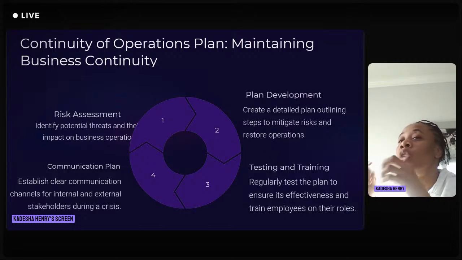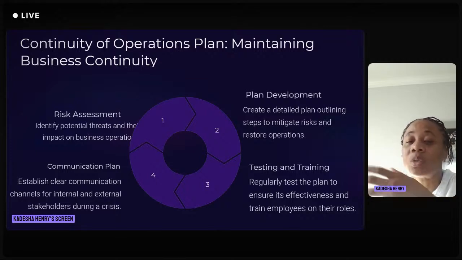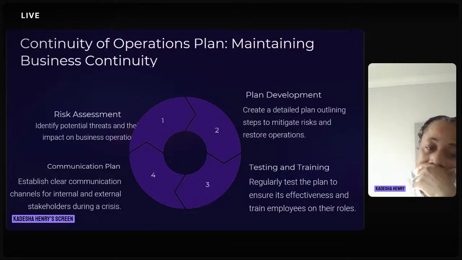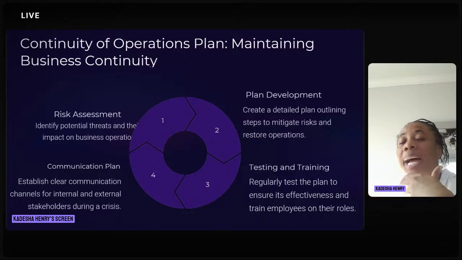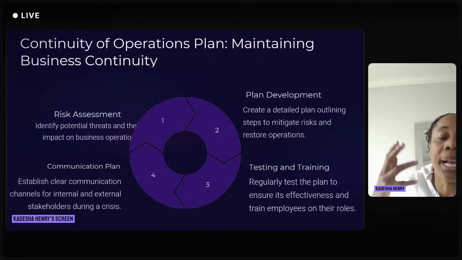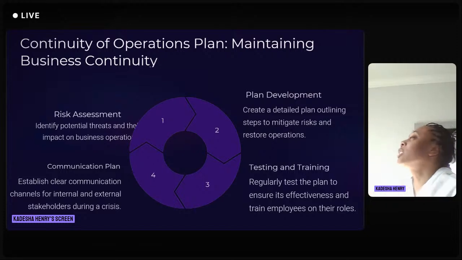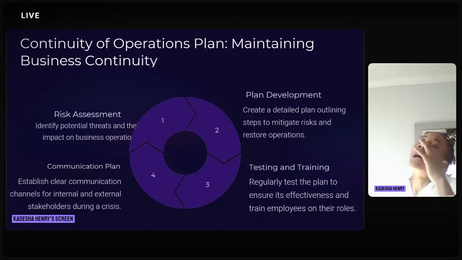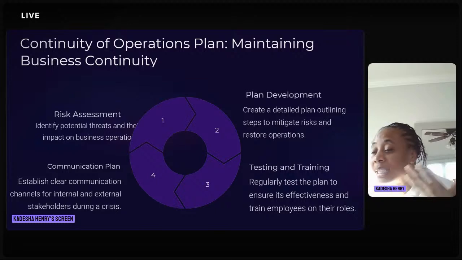And when you do the risk assessment, it is going to tell you what asset is at risk, and what impact it will have on the business should it happen. The communication plan establishes the line of communication, or the hierarchy of communication, during a crisis. So there's a ransom attack, the whole hospital closed down, or the whole of Facebook closed down because there's a ransom attack.